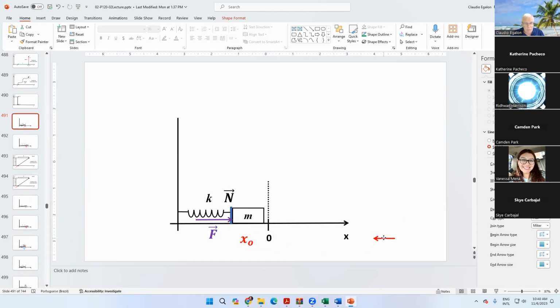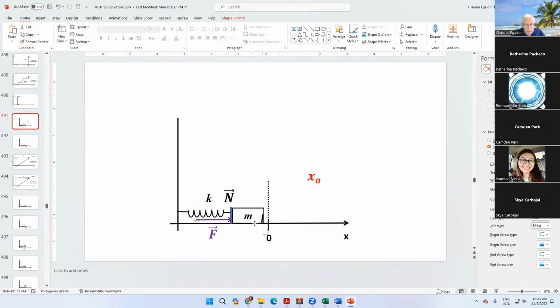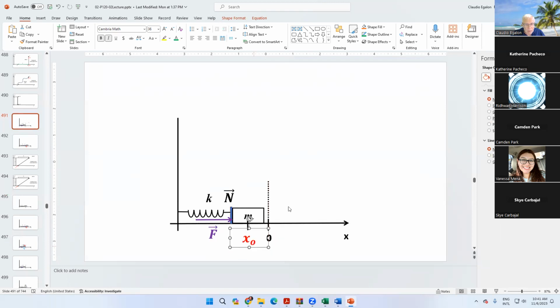Position X naught. Oh, sometimes those things don't work as advertised. Let's see. What about now? Better, right?